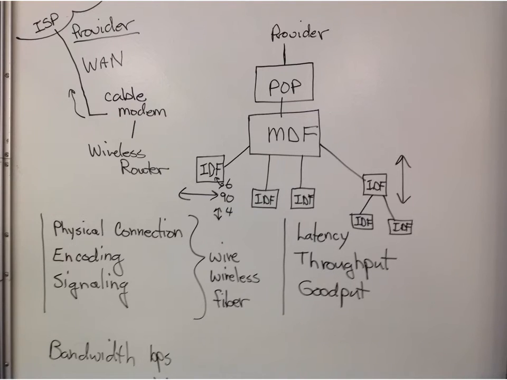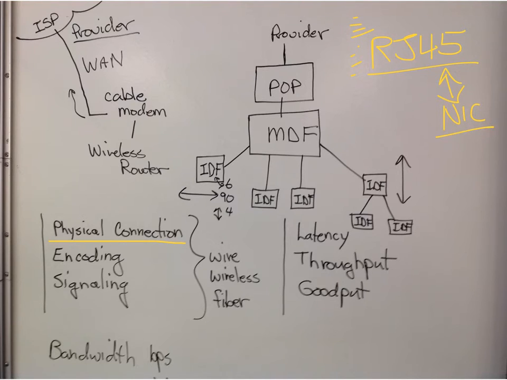First of all, there's a physical connection. You know, in the classroom we talked about RJ45 connectors, in which we connect wire to the network interface card in the PC, and those 8 wires that are in there.